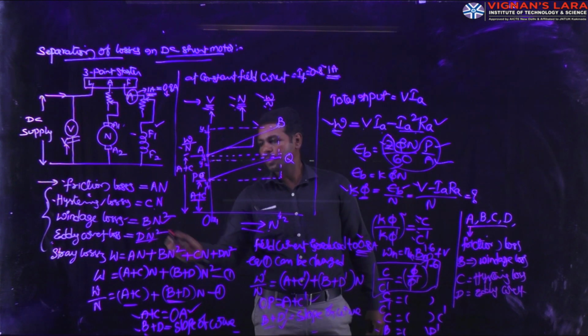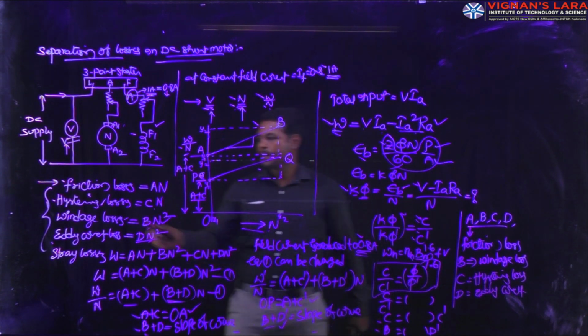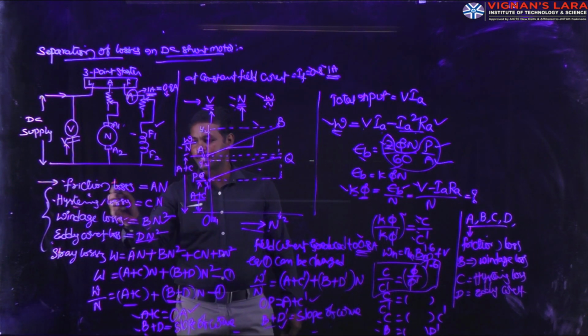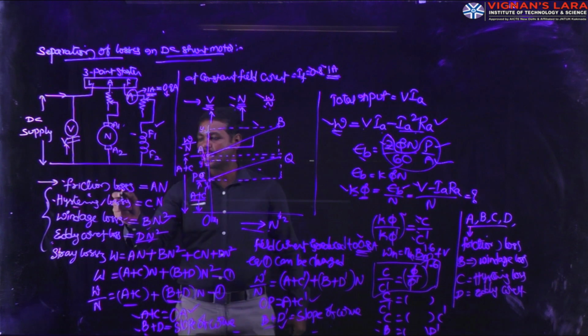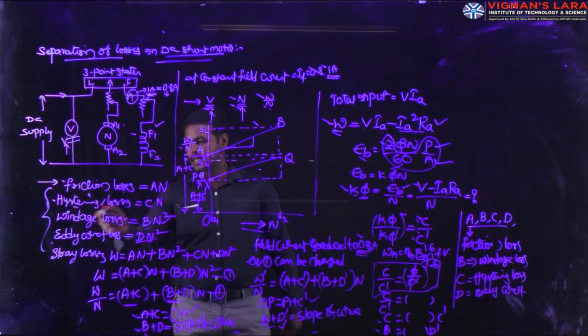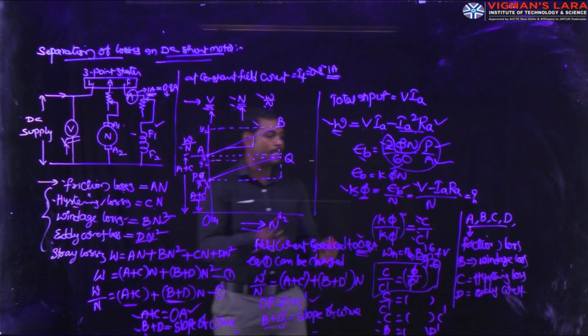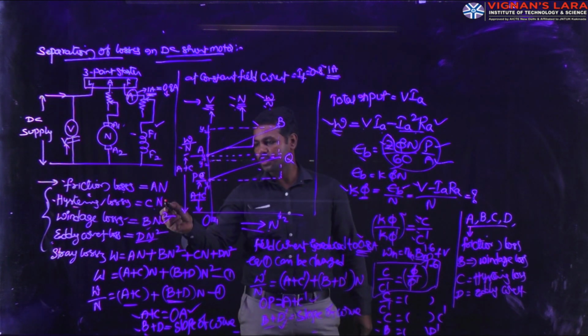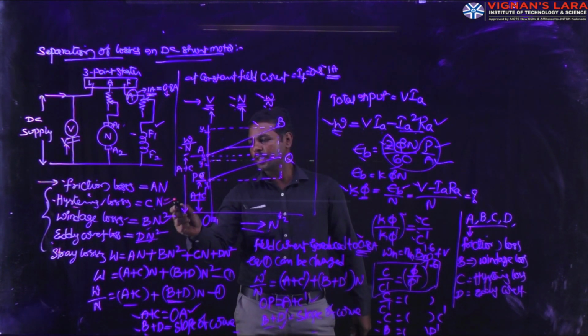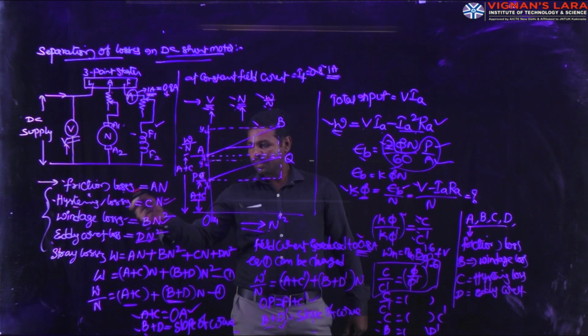Basically, we know that friction and hysteresis losses are directly proportional to speed. More speed means friction also changes. Hysteresis losses mean change in polarities in a magnetic field, which is also directly proportional to speed. More speed means the polarities in the armature of a motor also change.